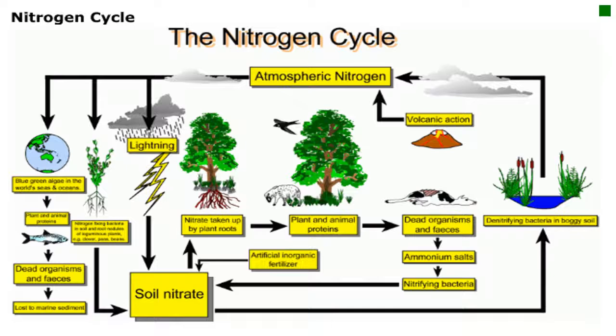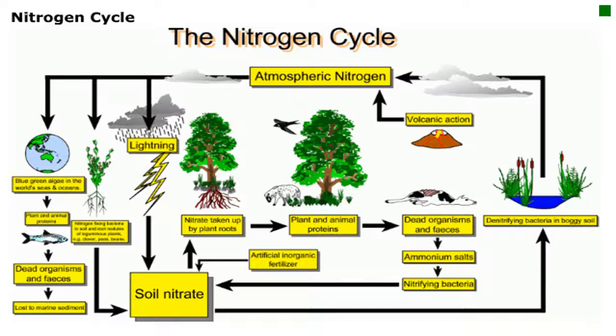live in it. The nitrogen cycle is required because the gaseous nitrogen that makes up about 78% or 75% of our atmosphere is not directly accessible to plants. So nitrogen fixation is all about changing that nitrogen to a form that is more readily available to plants, and it can be done in certain ways.